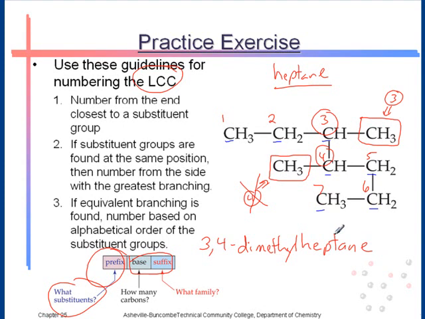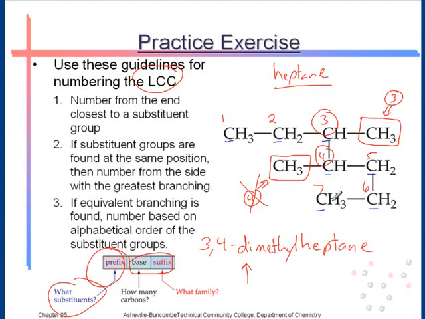Again, you see that pattern. There's our Greek prefix to tell us how many methyl groups. We have two, so we need two numerical values, hyphens between numbers and letters, commas between numbers. And that's the proper name for this compound.